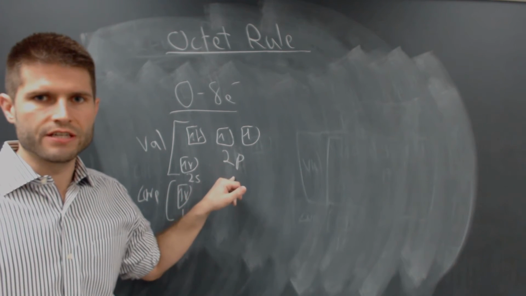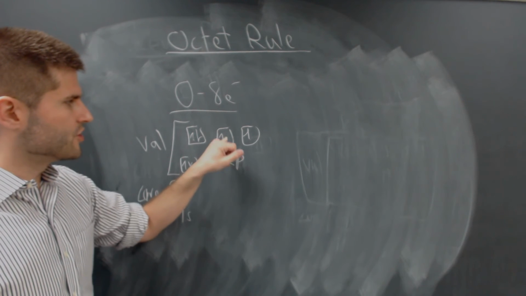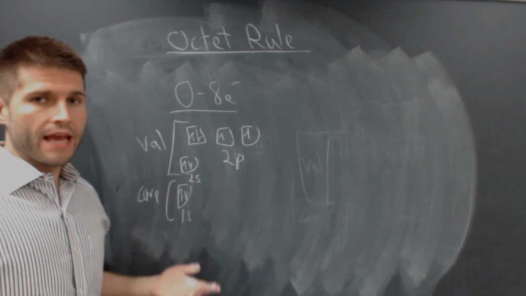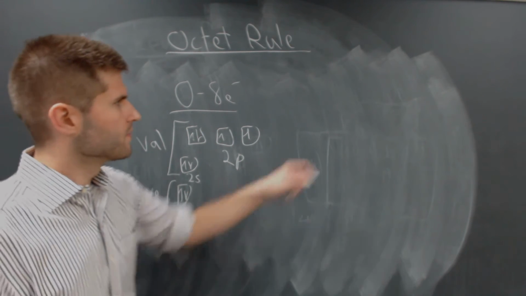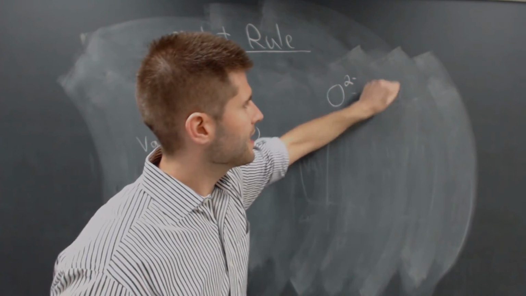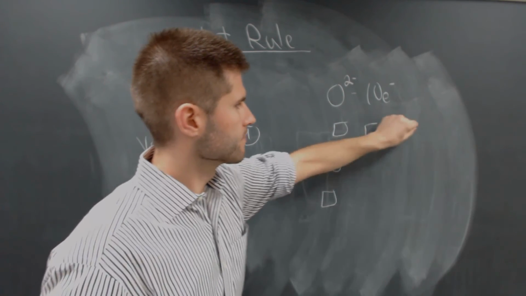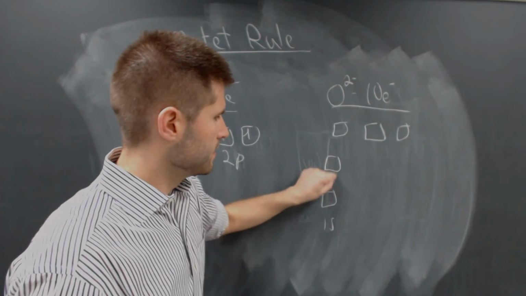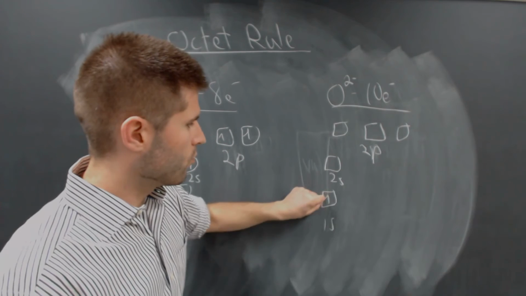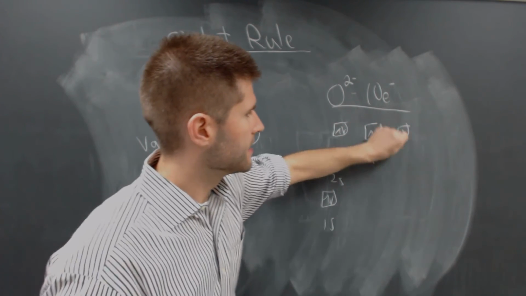That's a lot of energy. It takes a lot of energy to strip away all those electrons. It's easier for an oxygen to gain 2 electrons and make a complete 2p orbital to get to our octet rule. So that's why oxygen forms an O2 minus. We now have 10 electrons, 1s, 2s, 2p. Same thing, 1s, 2s, 2p. But now we have 10 electrons, 1, 2, 3, 4, 5, 6, 7, 8, 9, 10.